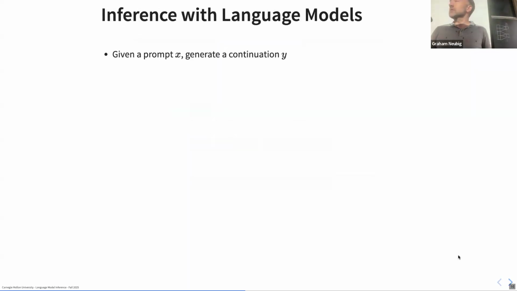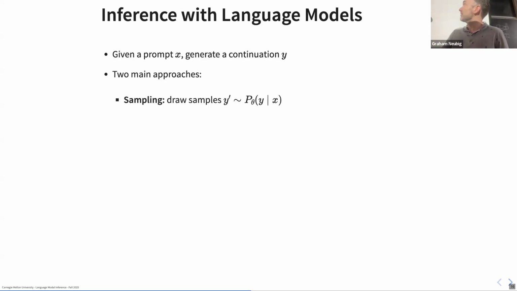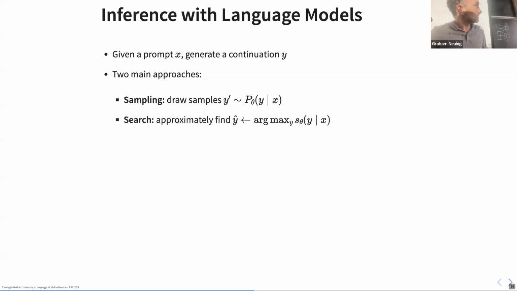So what about inference? Given a prompt X, we want to generate a continuation. There's two main approaches here. The first is drawing samples. From a probability distribution, we randomly draw samples from the model. The other one is search.